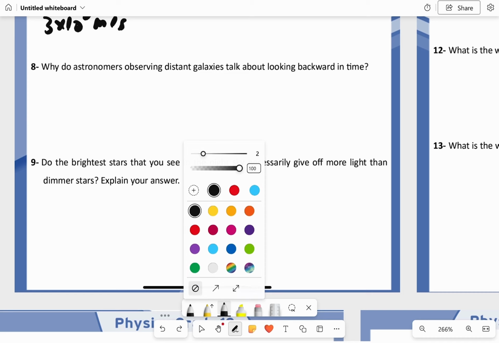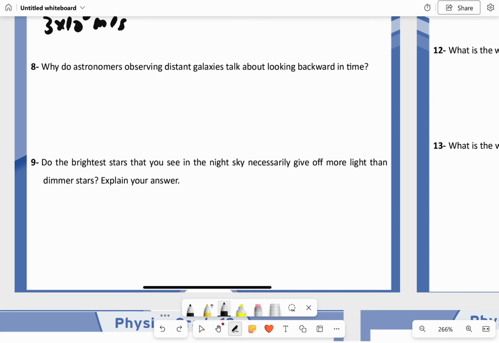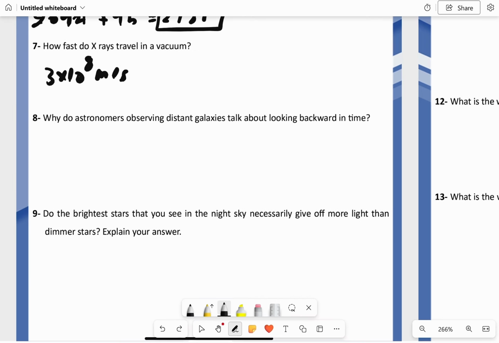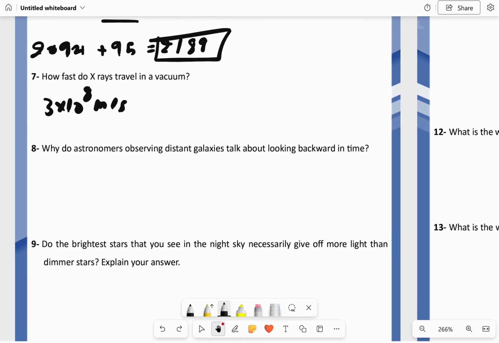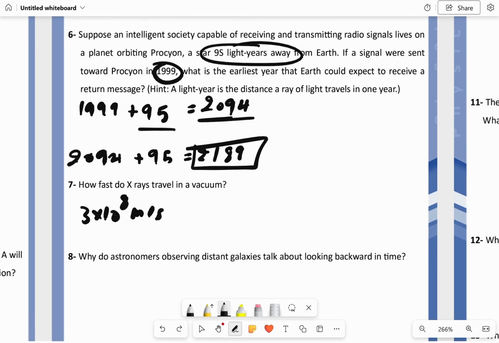Same thing is true for stars, but stars are farther away compared to the sun, so they might be billions and billions of light years away from us. As you see, we have an example here. They are 95 light years away from us.